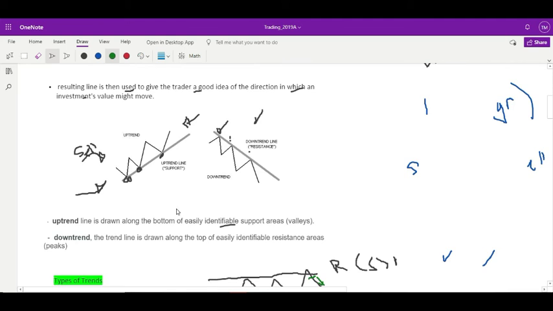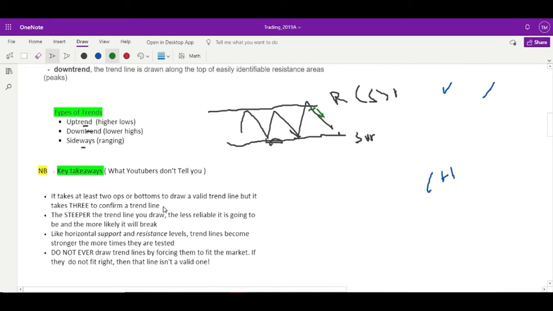So what are the key takeaways from this? Most of the YouTubers, guys, don't tell you that it takes at least two tops, right, and two bottoms, right? The first touch, second touch, gives validity to a trend line.